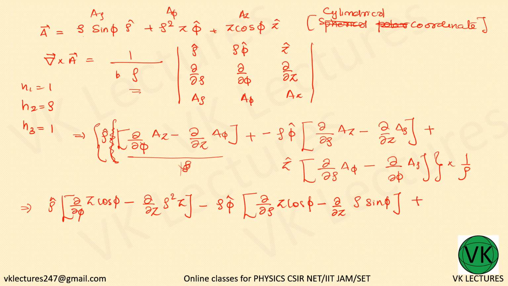Plus z cap into dou by dou rho of A phi, rho square z, minus dou by dou phi of A rho, rho sin phi.